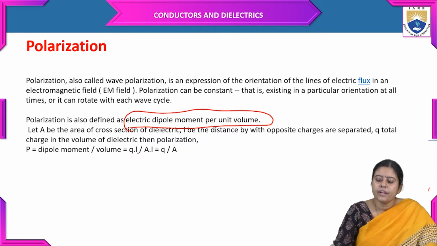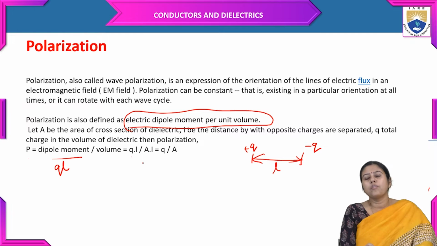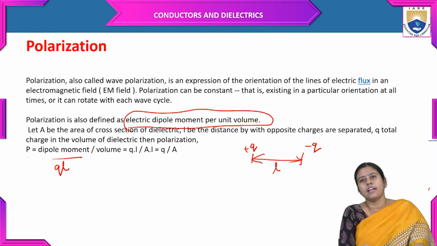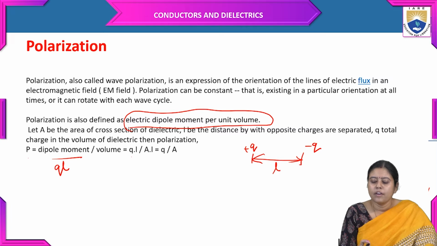So what if the distance between two charges is L? What is the dipole moment? If the charge value is plus Q and minus Q, dipole moment is Q into L. And what is the volume? Volume is equal to cross-sectional area into length.